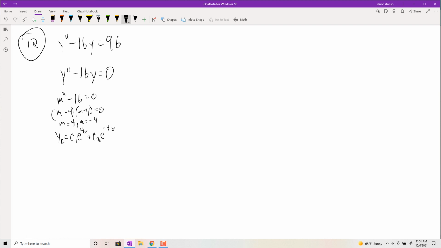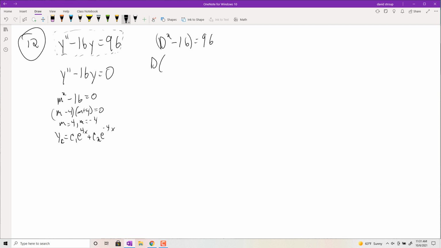Okay, now I want to go back to the original equation here and rewrite it as a differential operator. So I'd have D squared minus 16 applied to y equals 96. And then I want to annihilate the right side. So I'm going to apply an annihilator to both sides that will get rid of 96. And of course, to get 96, to take its derivative and get it equal to 0, all you have to do is take its derivative, right?